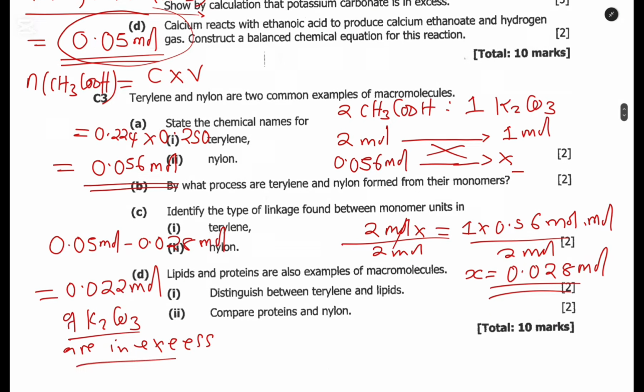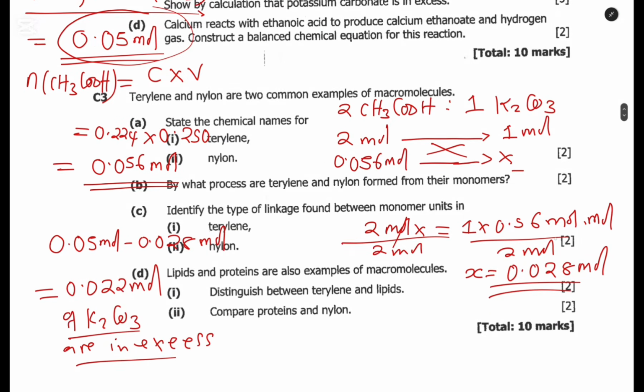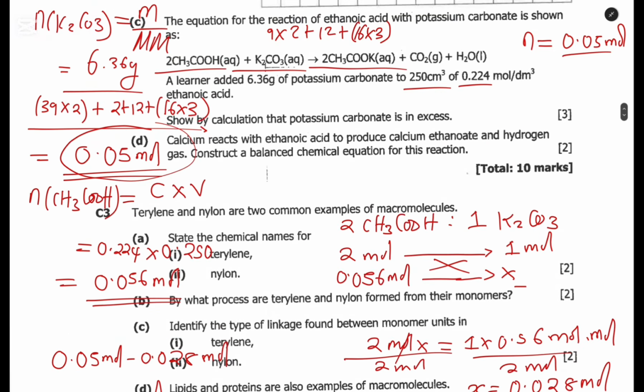So we subtract the number of moles that reacted, giving us 0.022 moles of potassium carbonate in excess. So it is shown by calculation. I guess there's no confusion up to this point. I know my work is somehow cramped, but I'm trying to utilize the space that is here. What is important is that you followed, or I've opened your mind so that you can answer these questions on your own. Make sure that you try them in your own time.